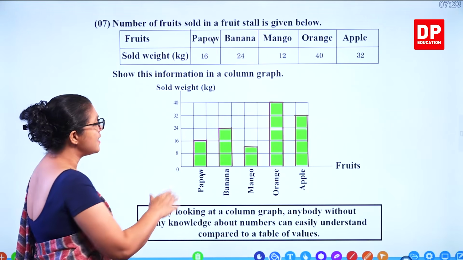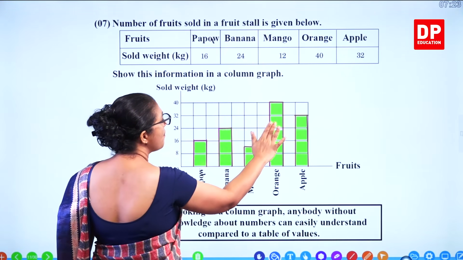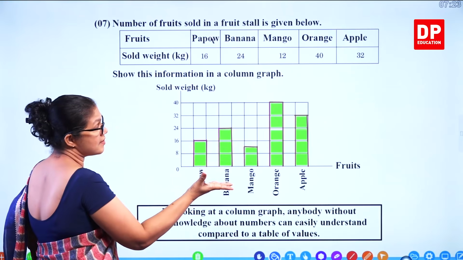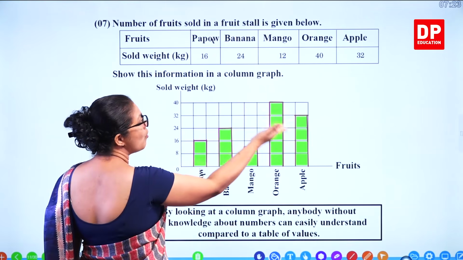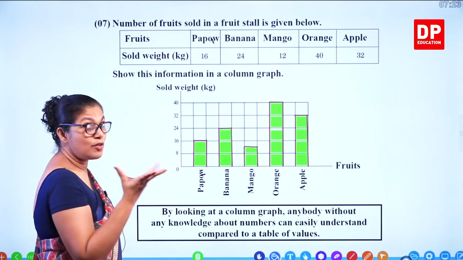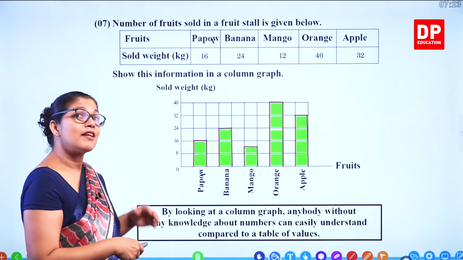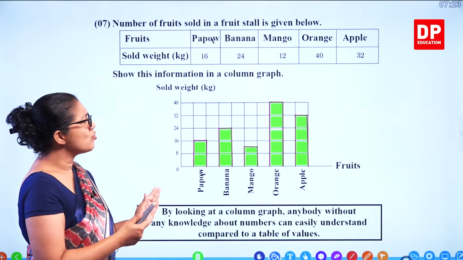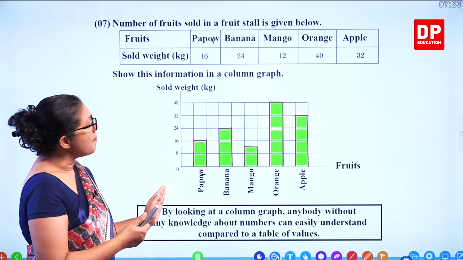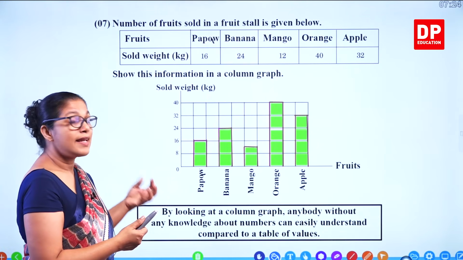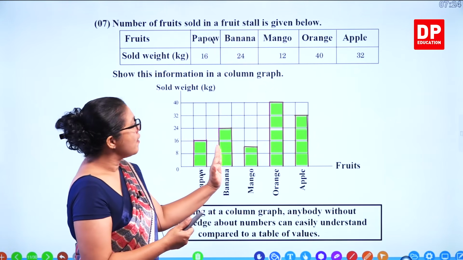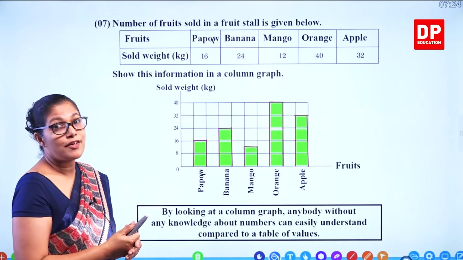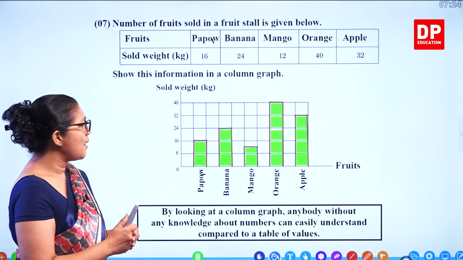You can see the colors of the parties, and at once, if it's blue or green, you can identify which party got the highest number of votes. So it's really easy to understand and get the values if we have a column chart rather than a table.